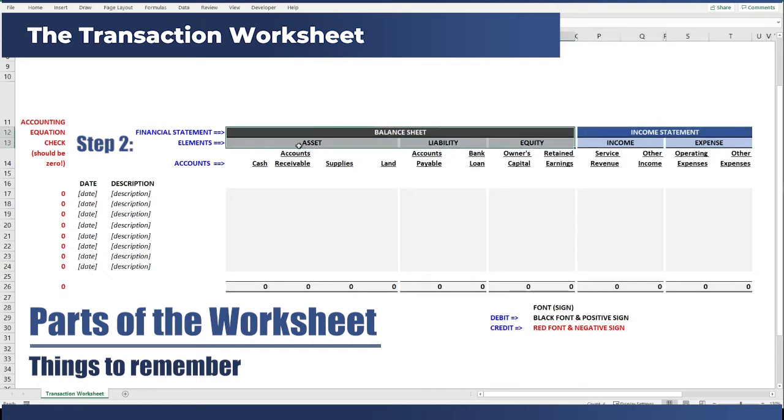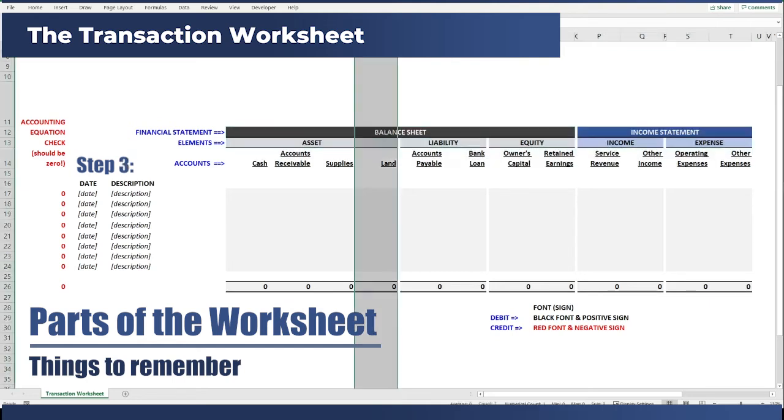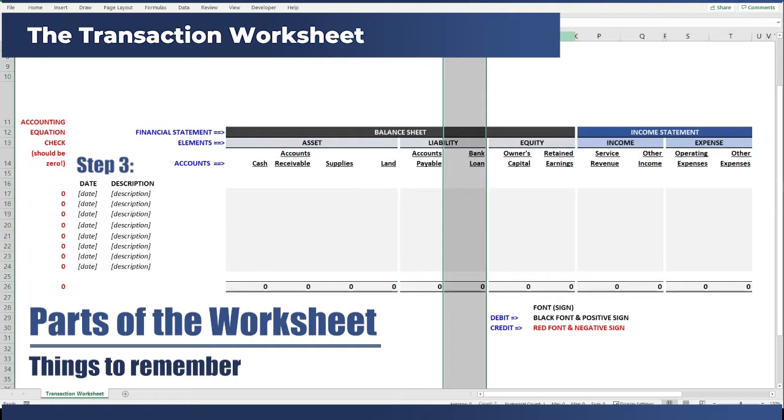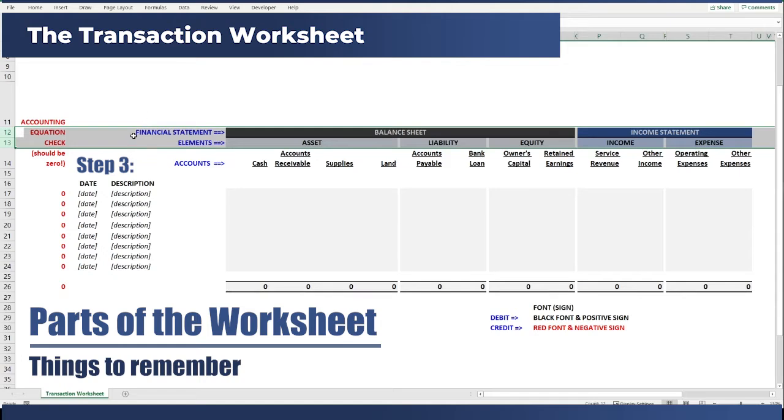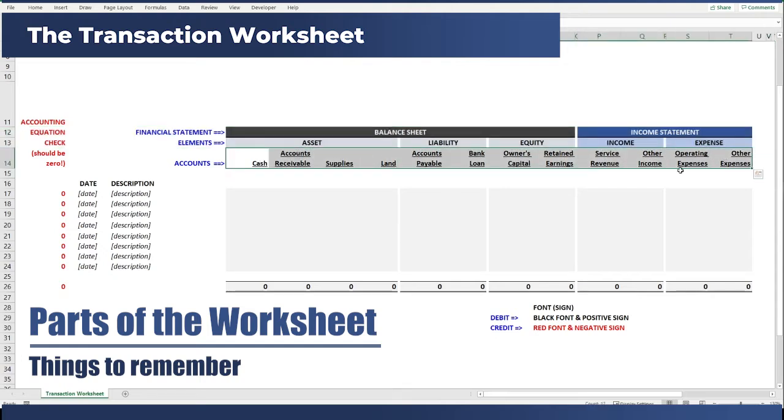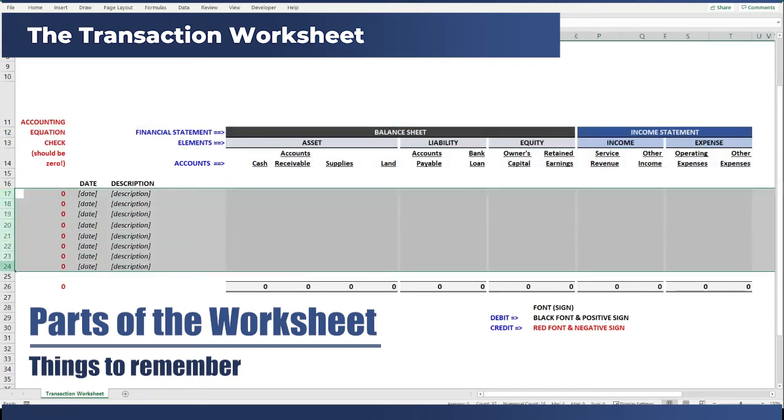Once you determine those first two things, you now have to add a specific column to each element depending on what account that you need. This is why it's important for me to establish the first two rows first, so that you can have a more structured transaction worksheet. The next few rows in your worksheet are where your transactions or journal entries will go.